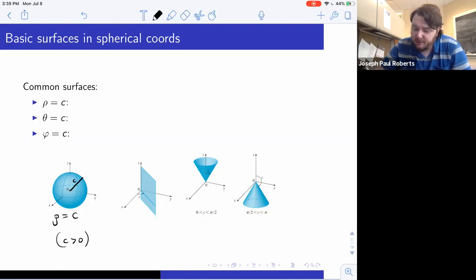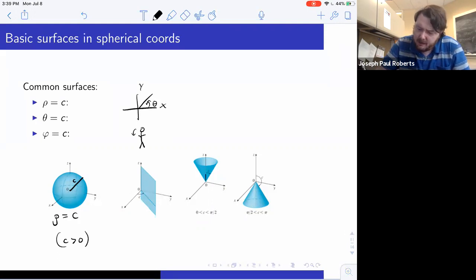If theta is a number, we're thinking of points such that theta, this angle here, is the same. So if you were to adjust your perspective and look down into the xy plane, it would look like a half line that goes on forever, but in R3, that would be a half plane.